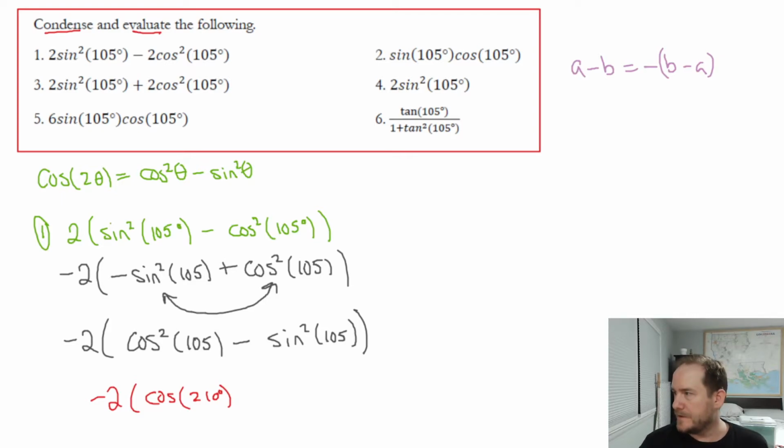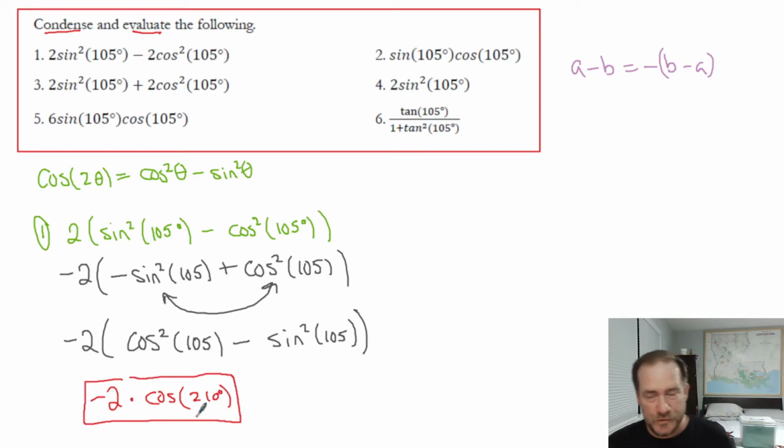And I don't want those parentheses. So I'm going to want 2 answers from you. I'm going to want this expression that just says the answer is whatever negative 2 times the cosine of 210 is, but then I do want you to actually evaluate this thing too.